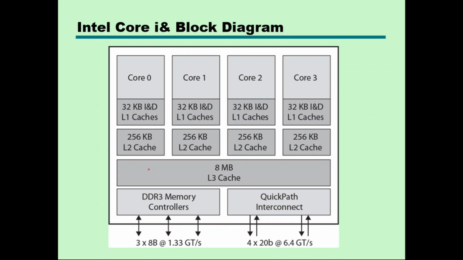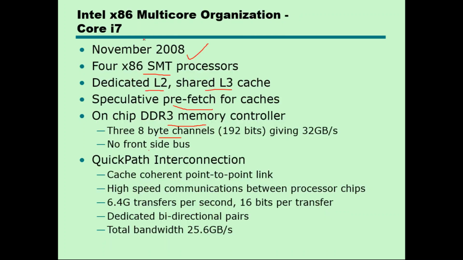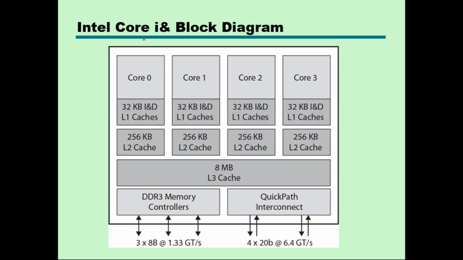So this is the configuration for Intel Core i7. Here you can see there are four cores: core 0, core 1, core 2, and core 3. Each core contains a 32 KB data cache and a 32 KB instruction cache, and each core has a dedicated 256 KB L2 cache, and there is an 8 MB L3 cache.